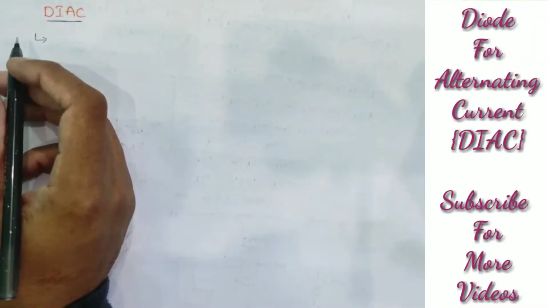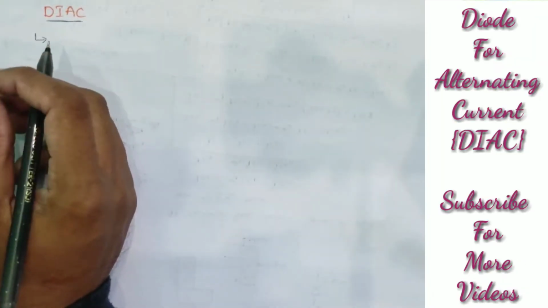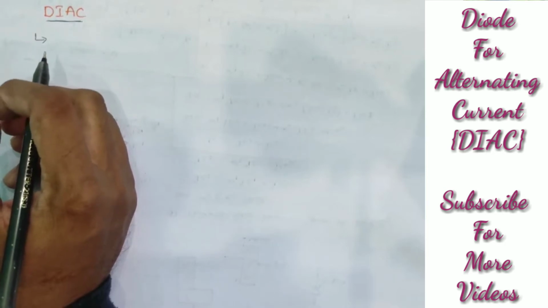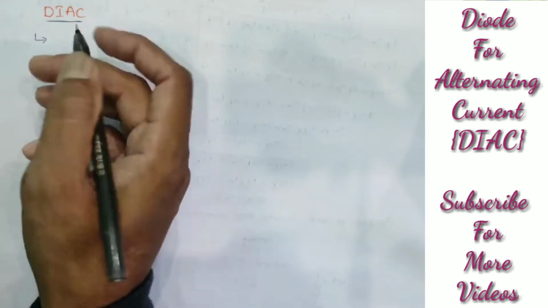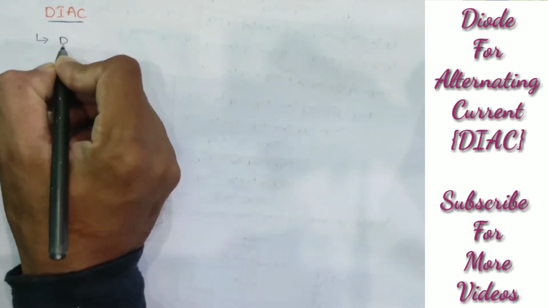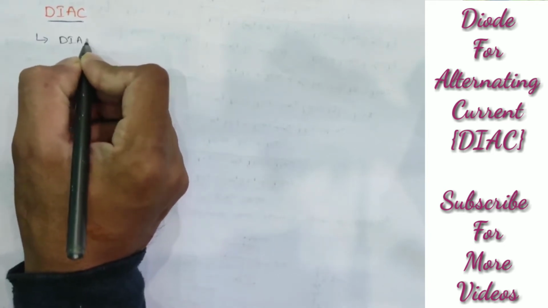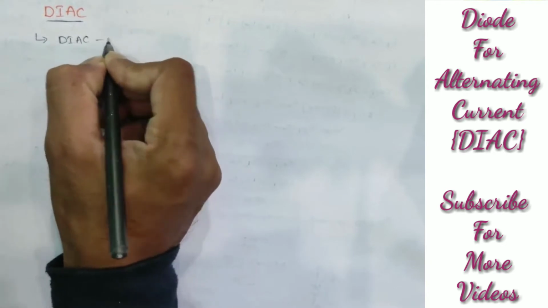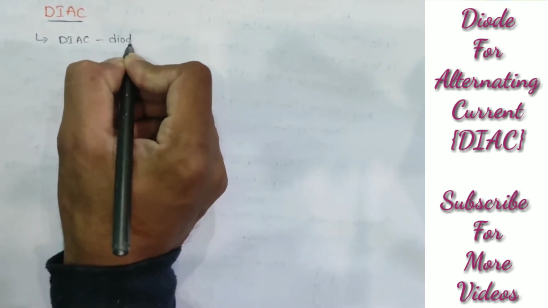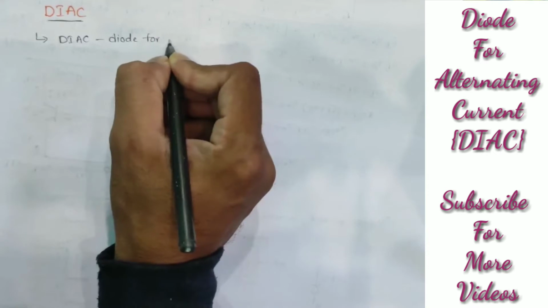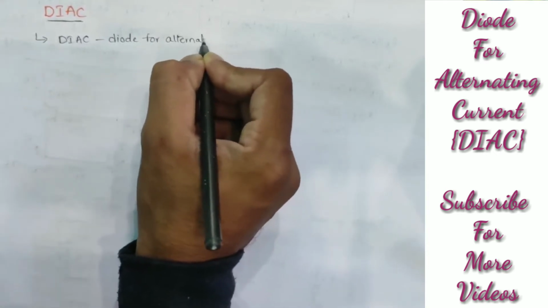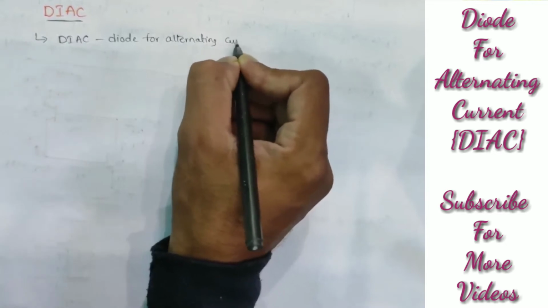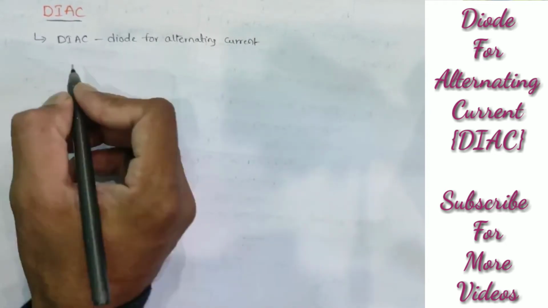Hello friends, in this video I am going to discuss another power electronic device, which is the diac. Diac stands for diode for alternating current.